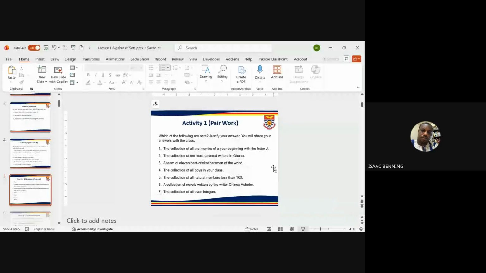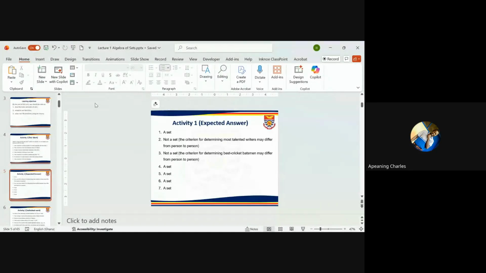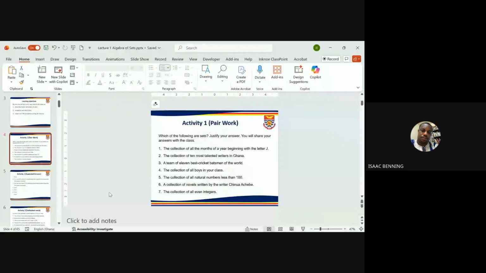Yes, Doc. I also disagree with it because 10 most talented writers may differ from person to person. Let's say we can go out there and ask a certain number of people who are the 10 most talented writers in Ghana. It may differ from person to person.